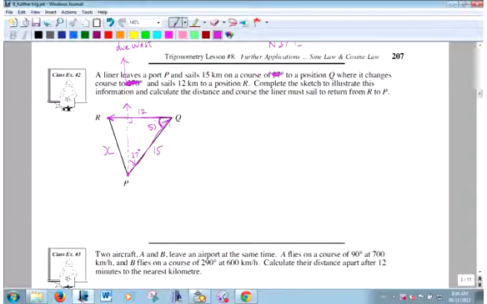When can I use cosine law? When I have all 3 sides, I can find an angle, or if I have 2 sides and the angle in between them, I can find the opposite side, can't I? Do I have what I need to use cosine law? I sure do.